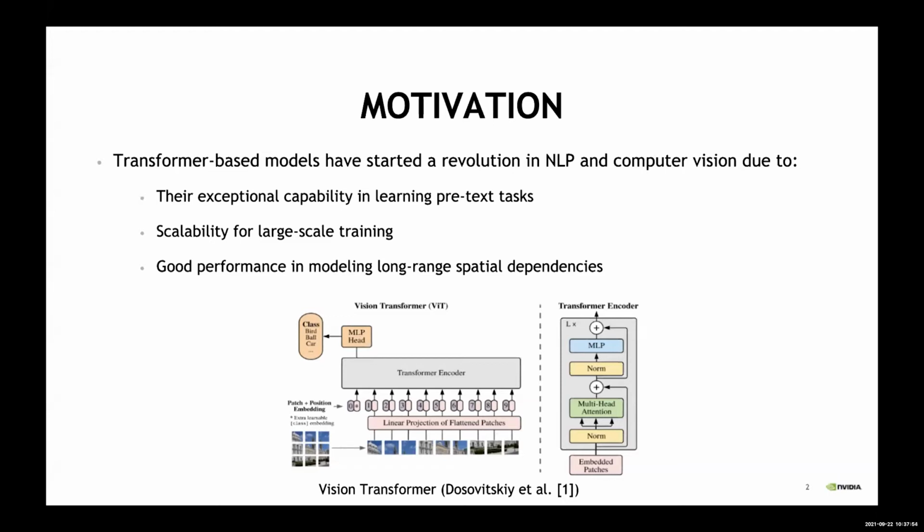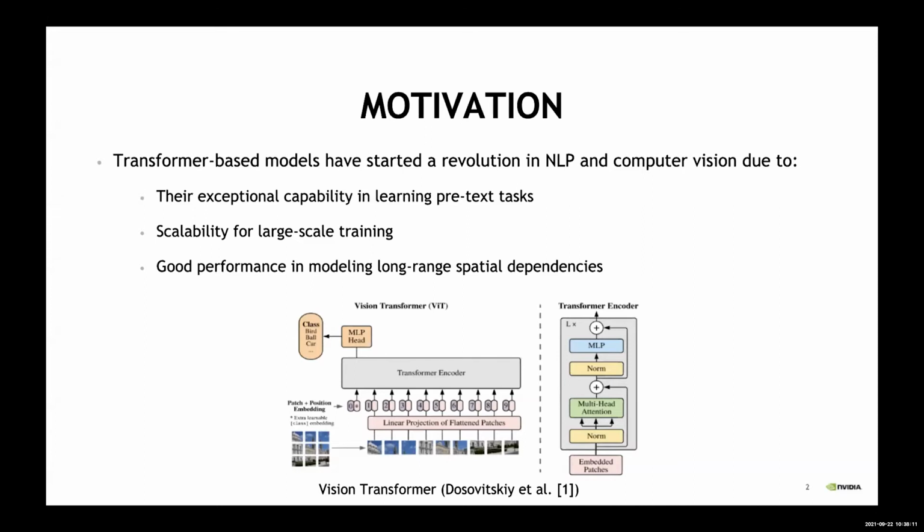The embeddings are then processed within the transformer encoder. At the end, you can apply a multi-layer perceptron head to make a classification, or you can use the features for other downstream tasks.